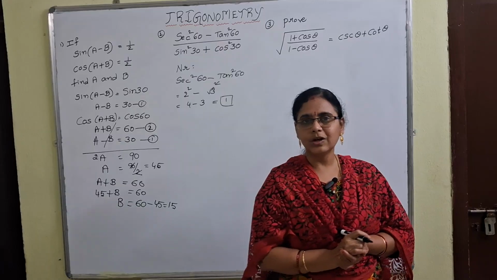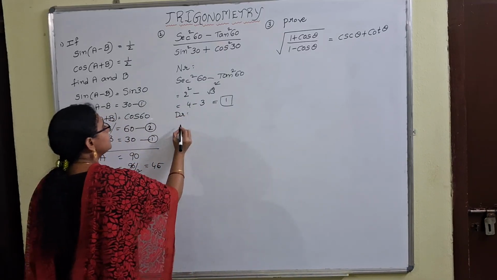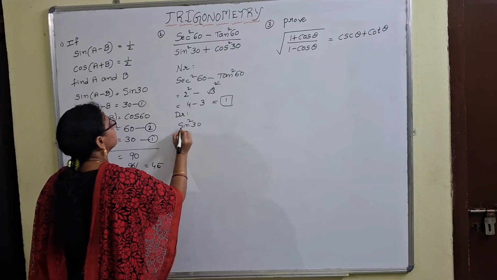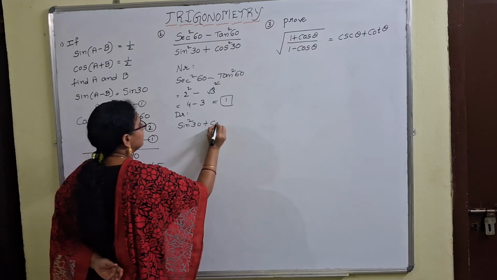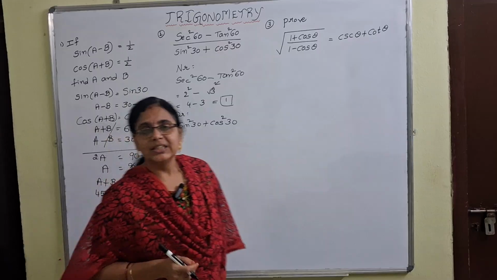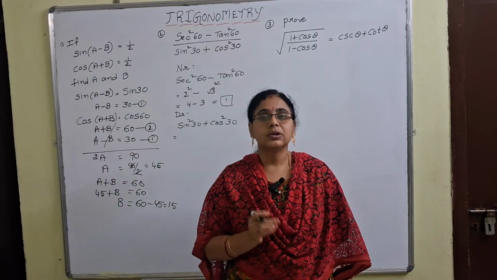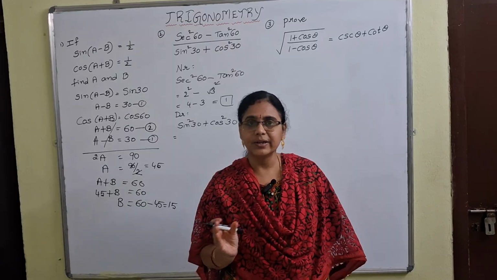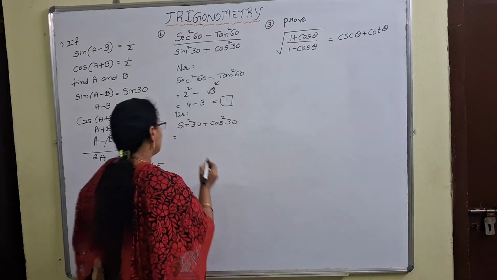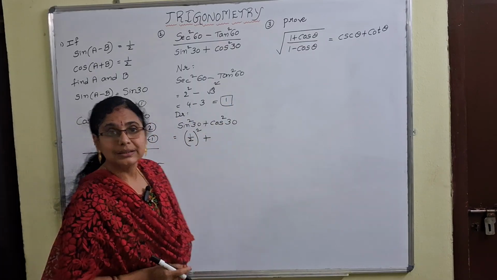What is the denominator? Sin square 30 plus cos square 30. What is the value of sin 30? Yes, sin 30 is 1 by 2. Sin square 30, 1 by 2 whole square, plus cos 30.